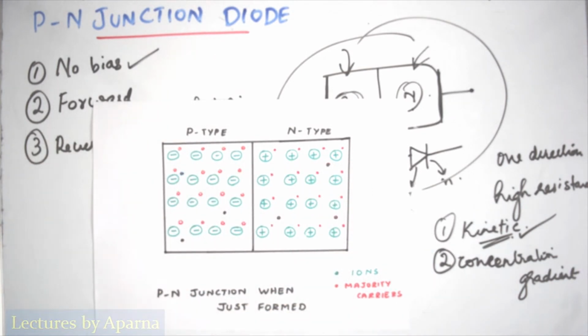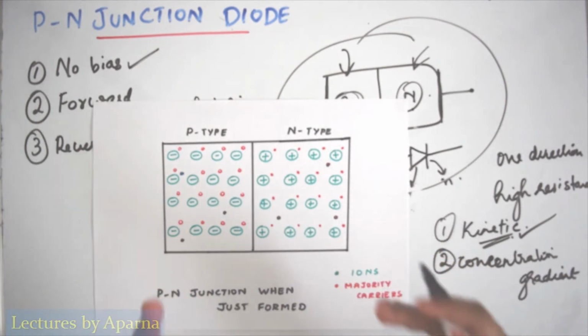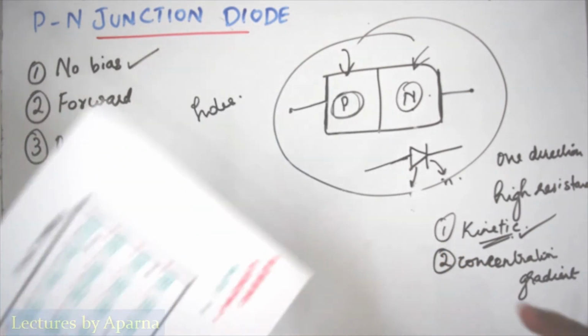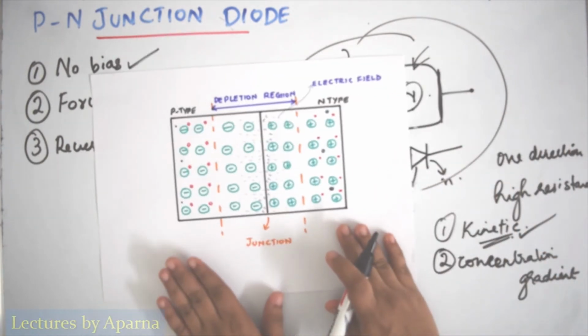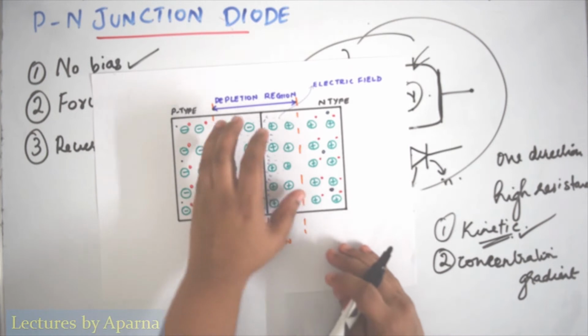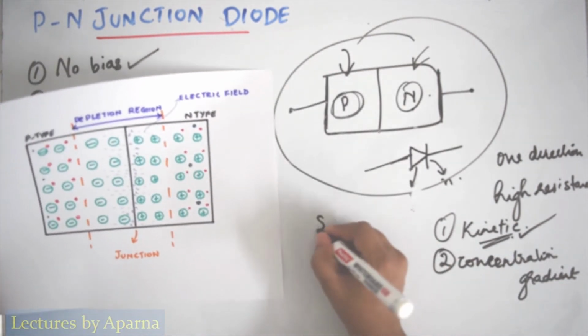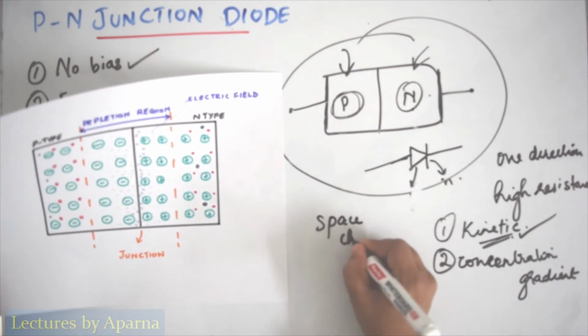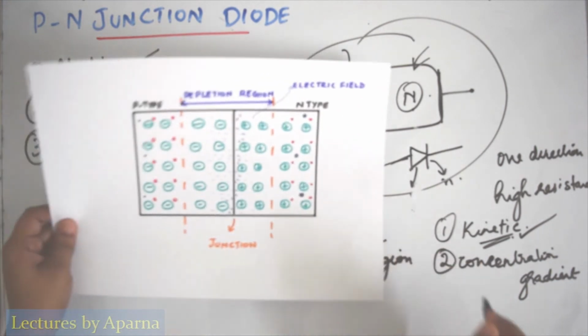But this diffusion takes place only for a very short time. After that, a depletion region or space charge region will be set up.